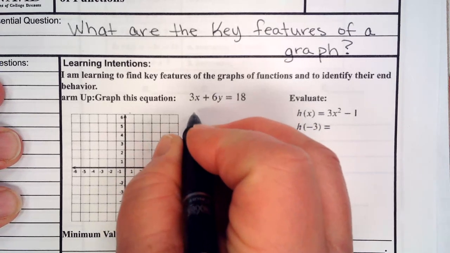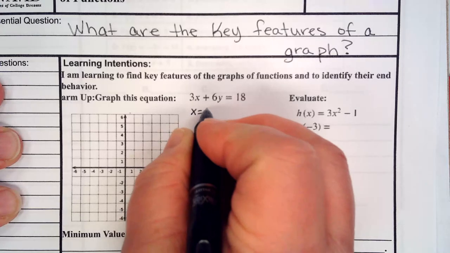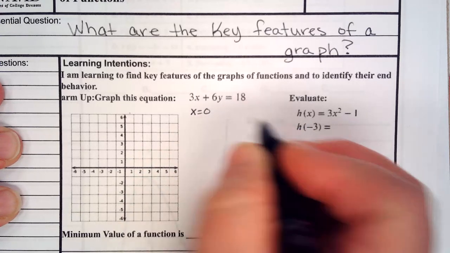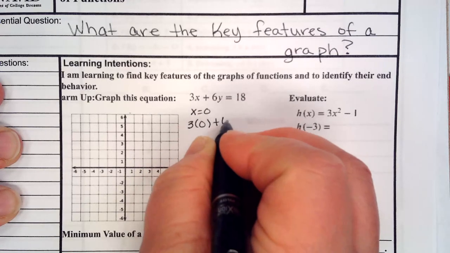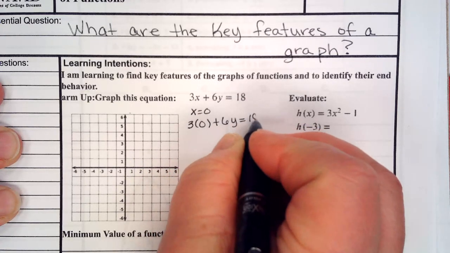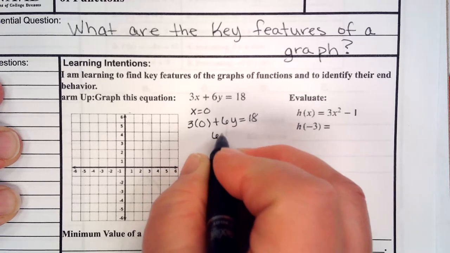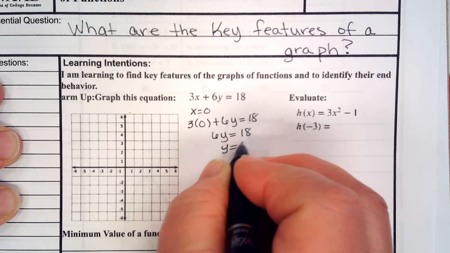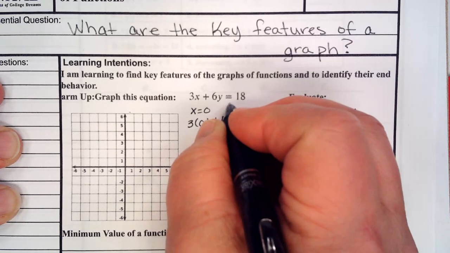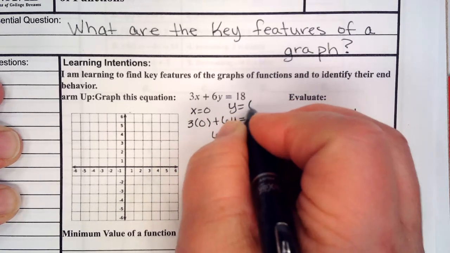So let's start off with x is equal to 0. So it's 3 times 0 plus 6y is equal to 18. 6y is equal to 18. y is equal to 6. So the first point is (0, 6).